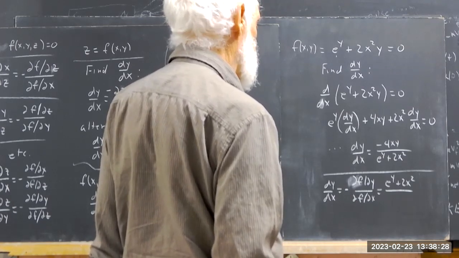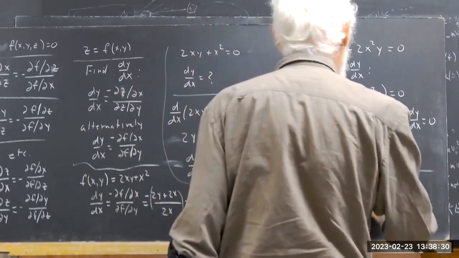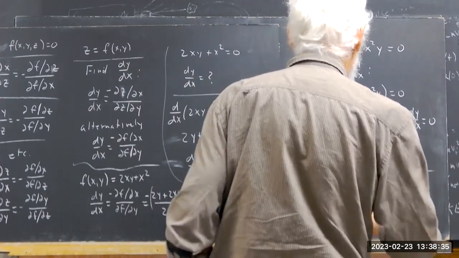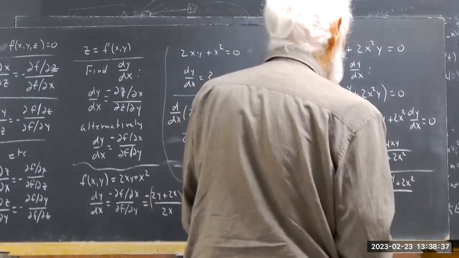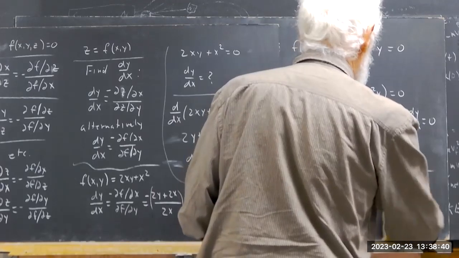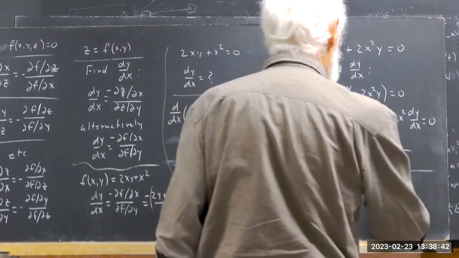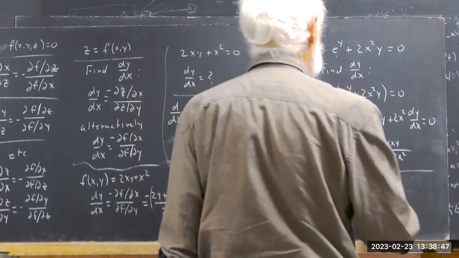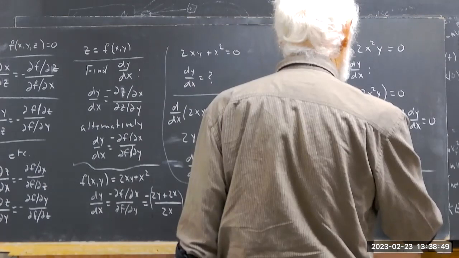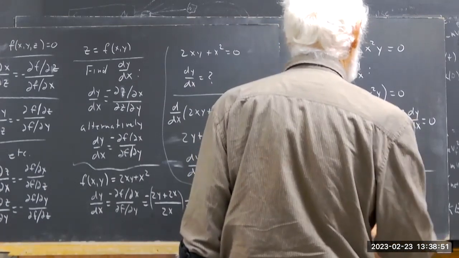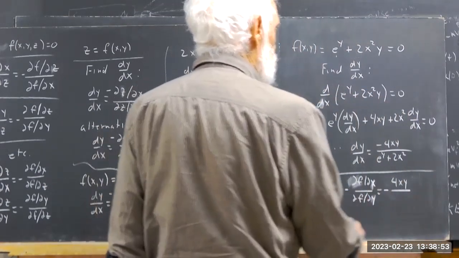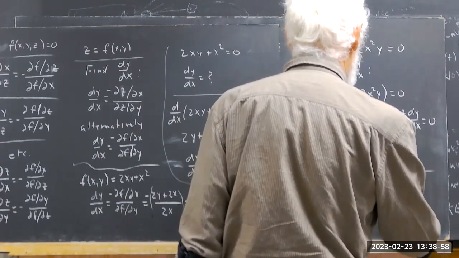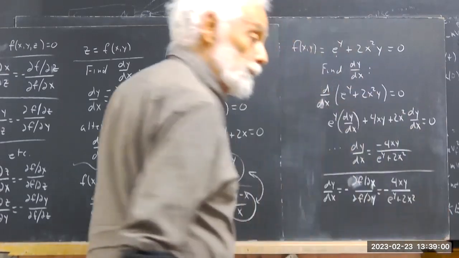Something's upside down. Yeah. Because I want this here, and it's obvious if you look at the complex fraction. Okay, so it's going to be minus the partial with respect to x, which is just 4xy, divided by the partial f with respect to y, which is e to the y plus 2x squared.